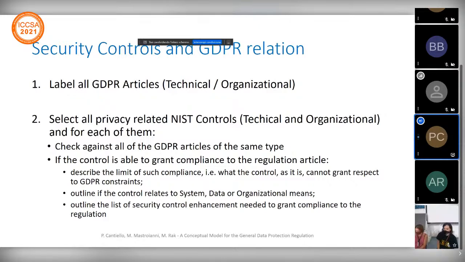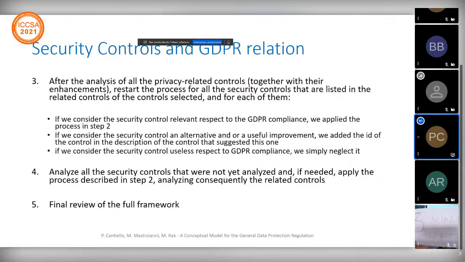And we have outlined all the enhancements of that control, since the NIST framework has enhancements for each control to further refine the process. After the analysis of all related controls with their enhancements, we have restarted the process for all security controls that are listed in related controls of the framework.